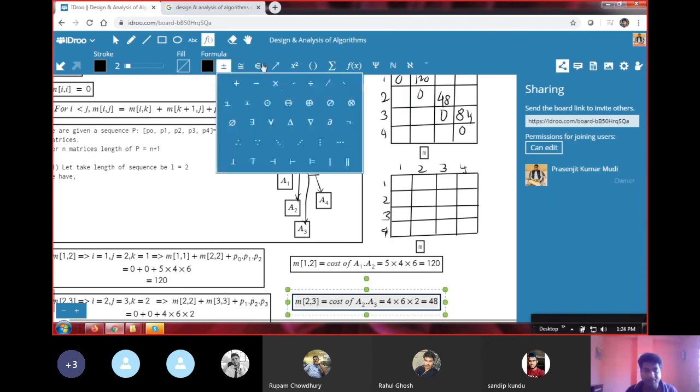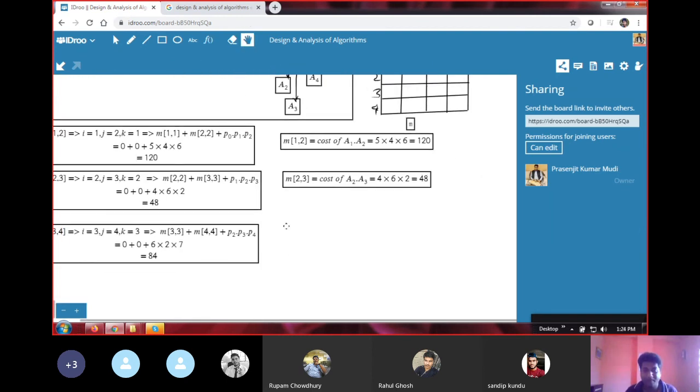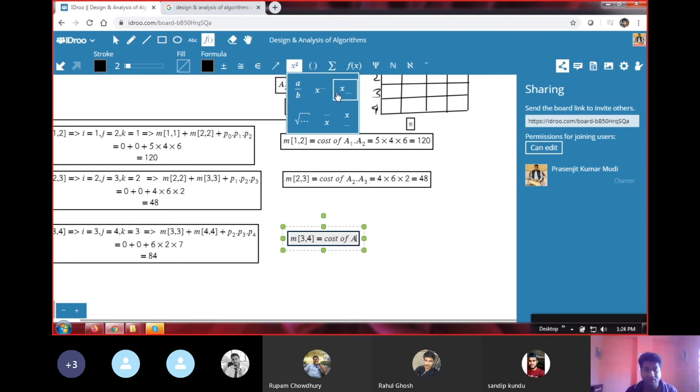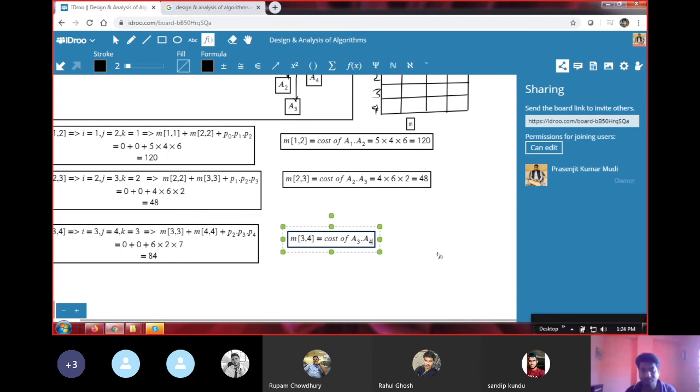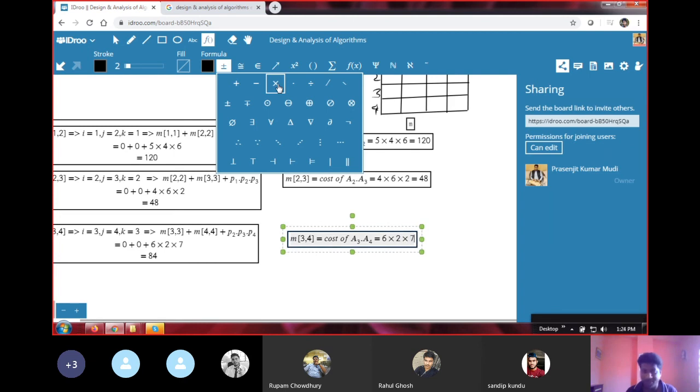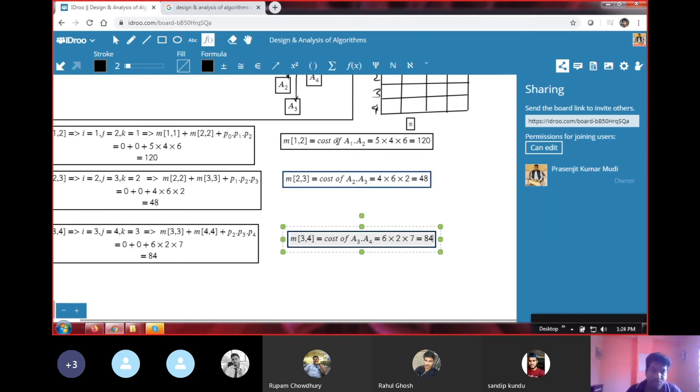Similarly, M34, which is the cost of A3 times A4, is equal to 6 multiplied by 2 multiplied by 7, and that is equal to 84. Without the formula, we can also calculate those costs and verify.